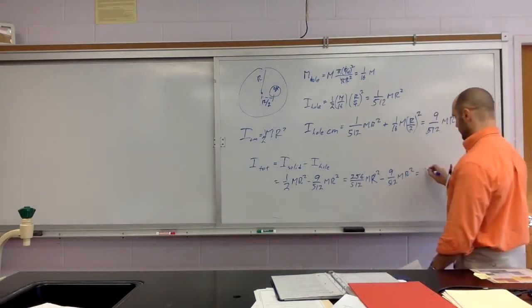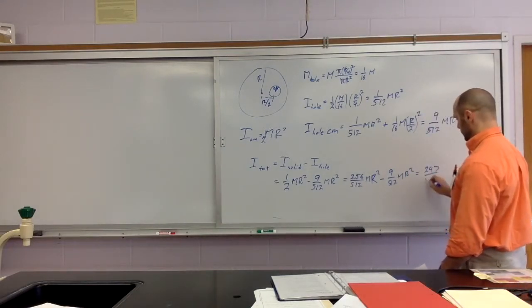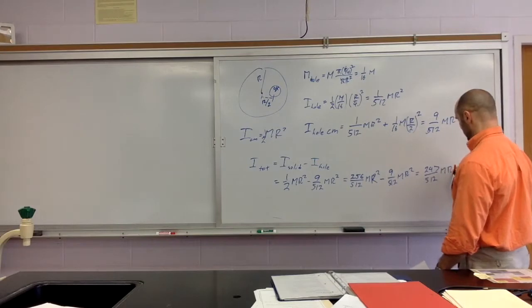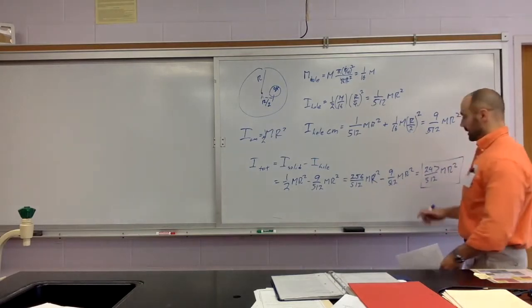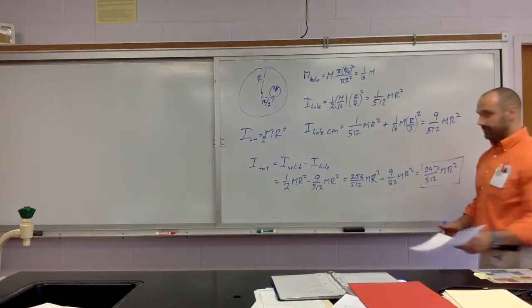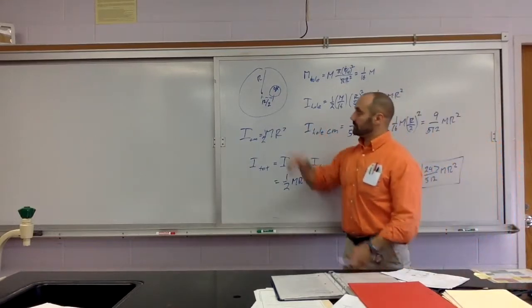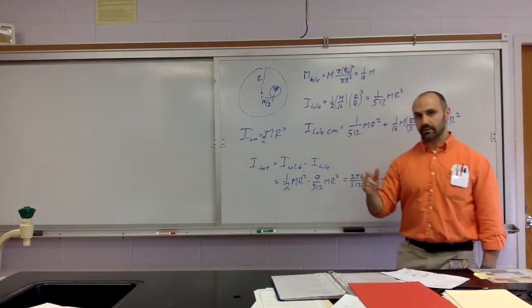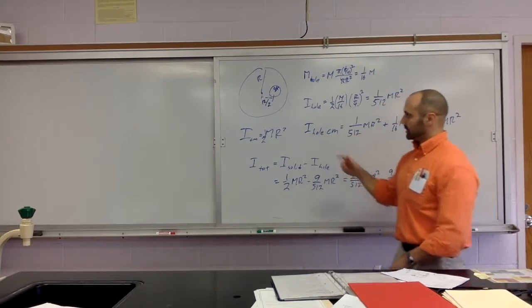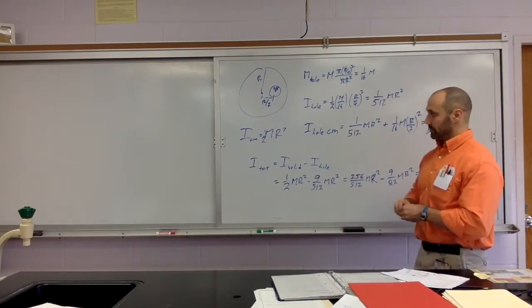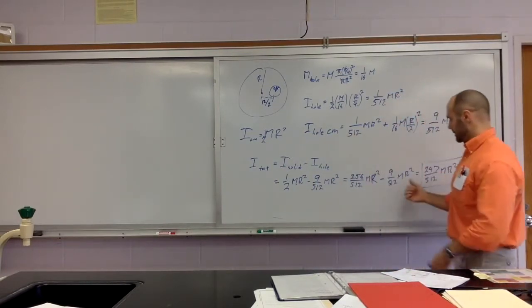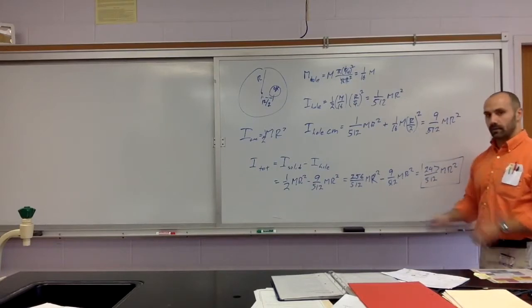And so we end up with 247 over 512 mr squared. And that's what we expect. It's a little bit less than half. Since I take out part of this, I have less inertia, less mass that I'm having to accelerate. And so I expect the moment of inertia to go down just a bit, and I get something that's just a little bit less than 1/2.